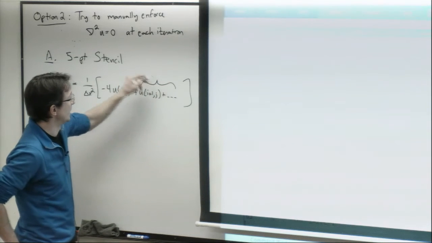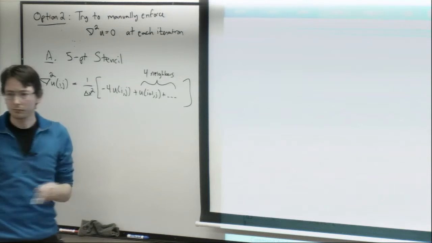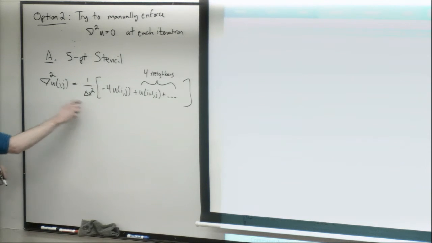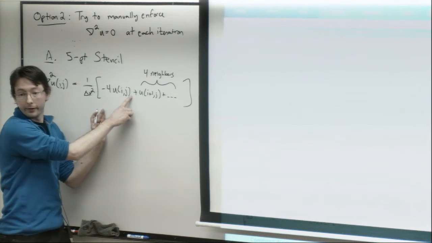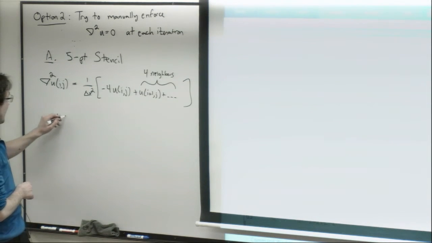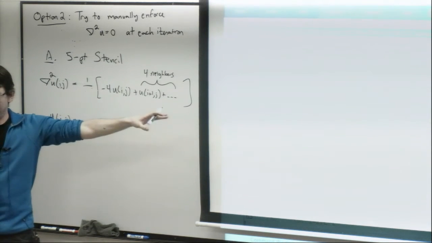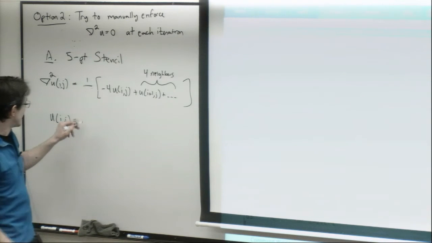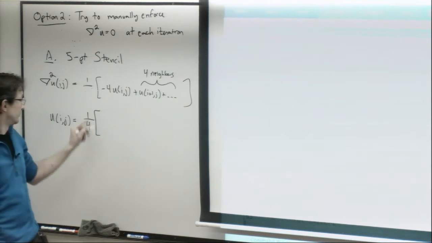These are my neighbors. I could make this manually equal 0 in a pretty simple way. I could set this equal to 0 and solve for my function at ij. I'll get rid of delta x squared, since in my simulation all of these delta x's are 1. So u ij is just equal to 1/4 times the sum of all of my neighbors.